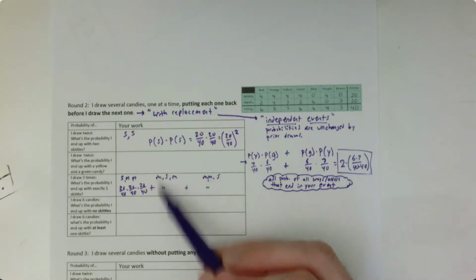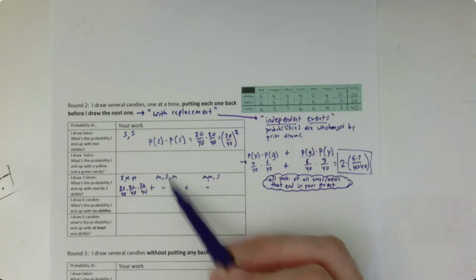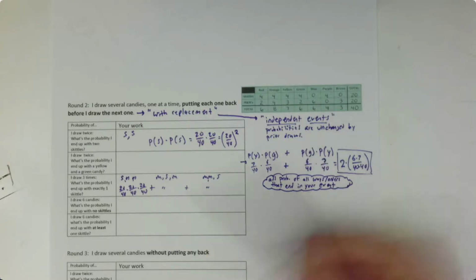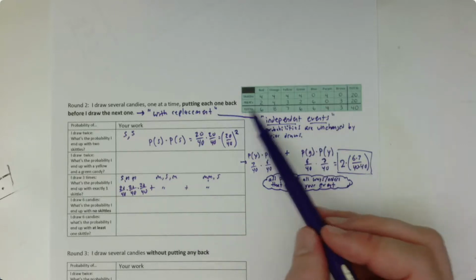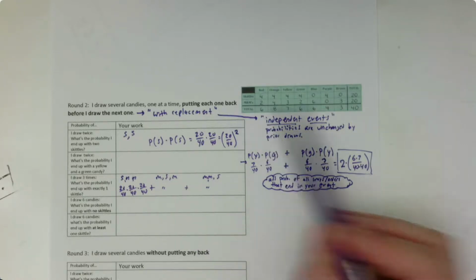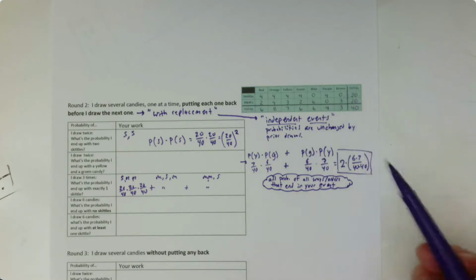The probability of getting an M&M, 20 over 40. A Skittle, another 20 over 40. Because each time I'm drawing, I've put back my old candy. So nothing is changing to change the calculation from the first page. So it's always however many M&Ms there are over the candies or however many Skittles there are over the candies.